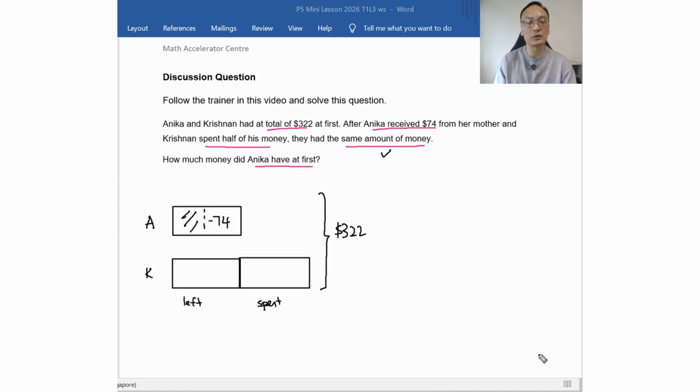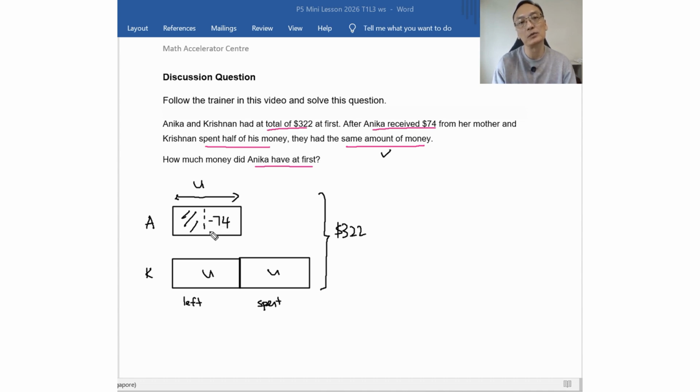Now, in order to solve this question, we need to convert Anika's amount at first into a complete unit, because Krishna has 2 units. And we do that by adding 74 to her original amount.